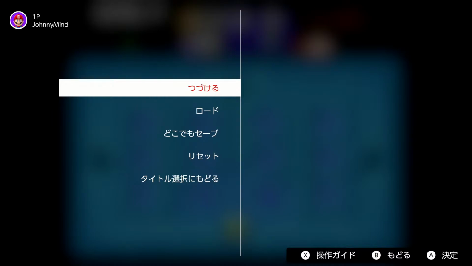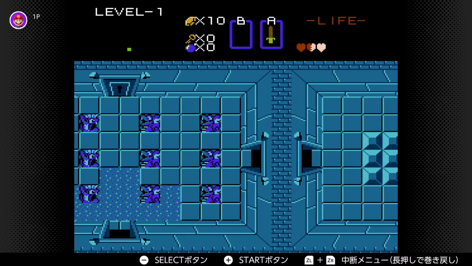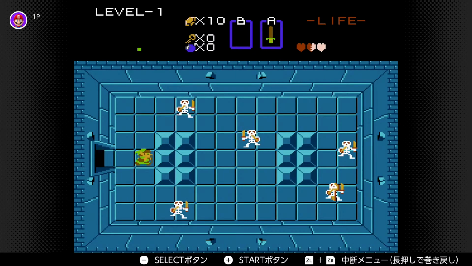And we are back. And so now we can start level 1, the first dungeon. Let's go to the right, I think, first. Yes, to get the key.